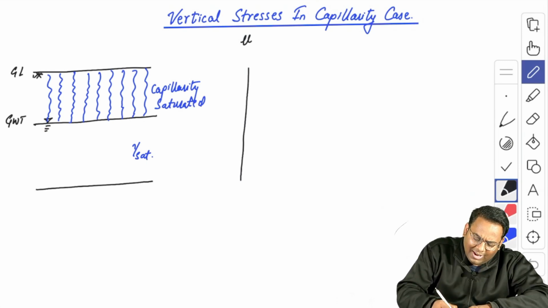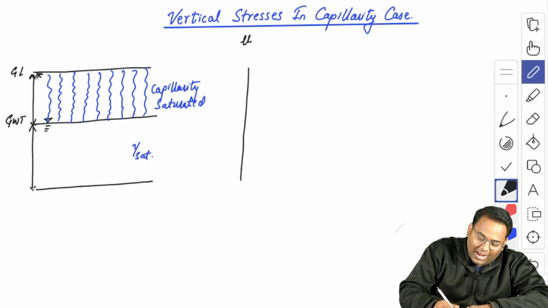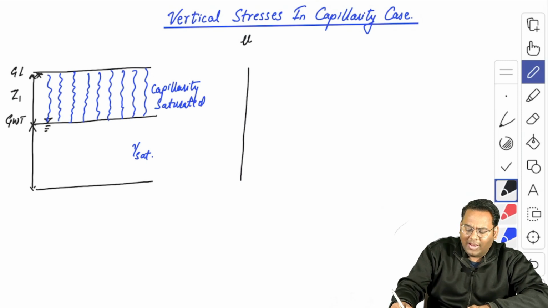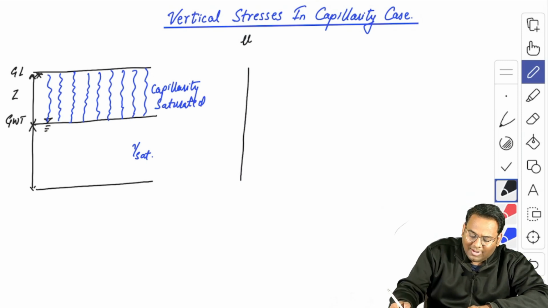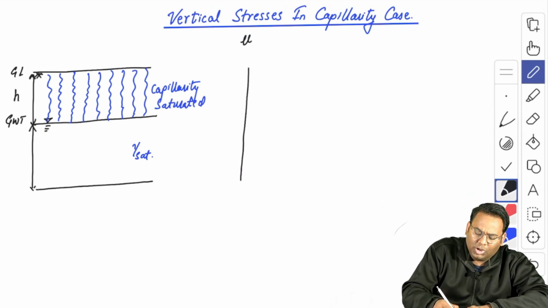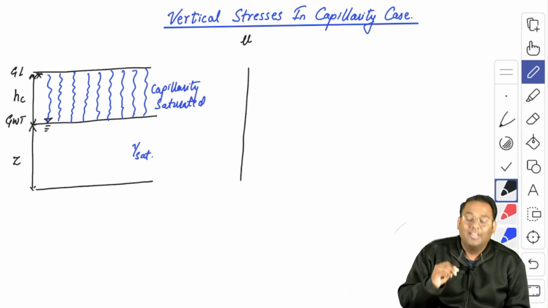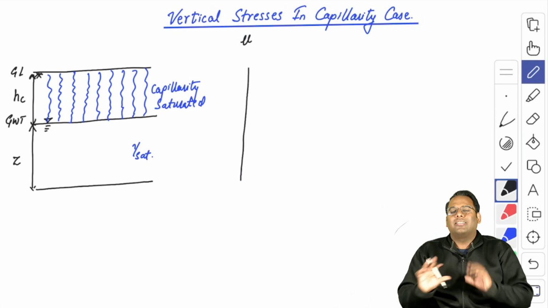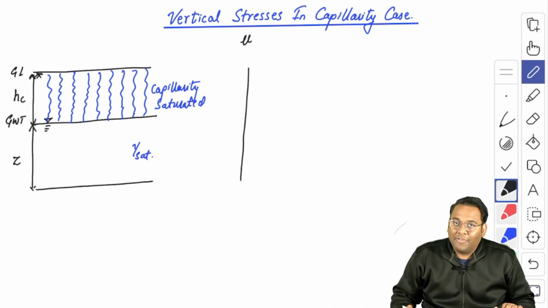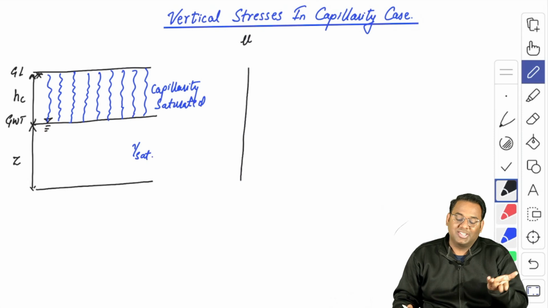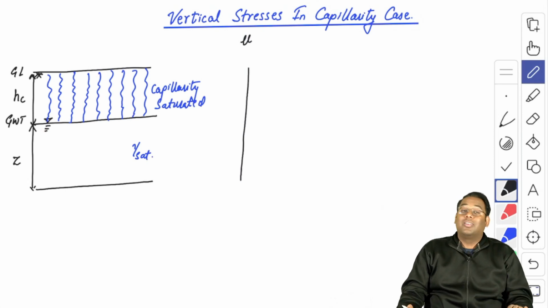Let us mark these particular depths as Z1 and Z2, or let me write down that this particular level is HC, because that is the capillarity rise, whereas after that this is your Z depth. That is just to generalize the expression that we will get. But yes, you can put any value for HC or for Z.